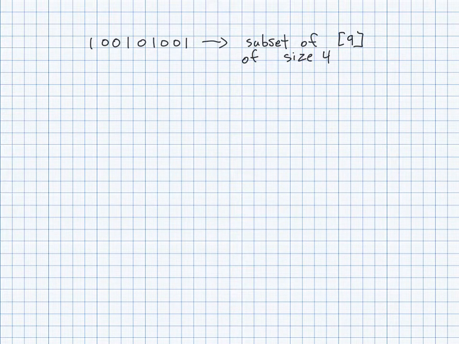4, and the way the construction works is, to this bit string you associate these integers between 1 through 9, where the ith value in the bit string is 1. And so in this case, we highlight the ones.